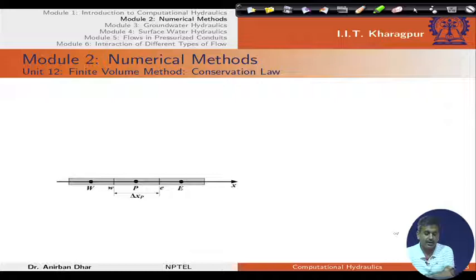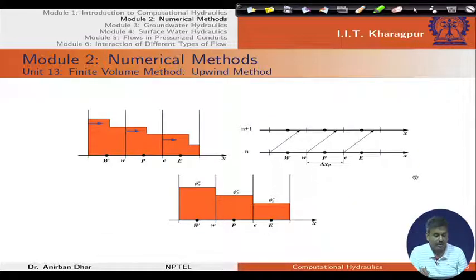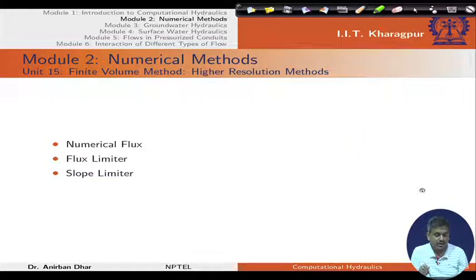In the finite volume method, we have discussed conservation laws. If there is a change in the values in the upstream and downstream, up gradient and down gradient directions of the cell P, then what will be the procedure for numerical flux calculation that we have discussed in these units: the upwind method, then the Godunov approach, then high resolution methods.